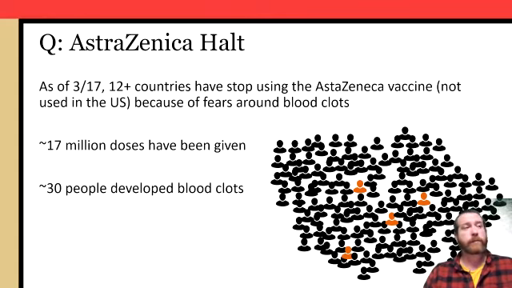This has already gone through phase 1, phase 2, phase 3 trials, and blood clots were not highlighted as a concern during those trials. Now, I'm not saying that a vaccine has never made it out and needed to be changed, but 30 cases in 17 million doses is not, in my opinion, in the European Medicines Agency's opinion, or in the CDC's opinion, enough to reasonably stop vaccinating people against coronavirus.